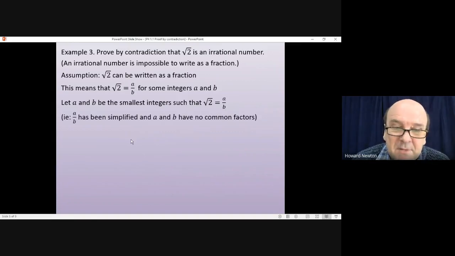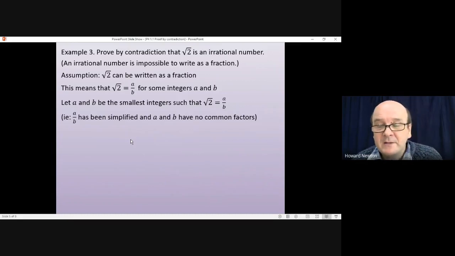So in other words, a over b has been simplified, which means that a and b have got no common factors. Now, what the proof does is it says that if you assume all of this, you can show that a is an even number and that b is an even number, and that they do have a common factor.